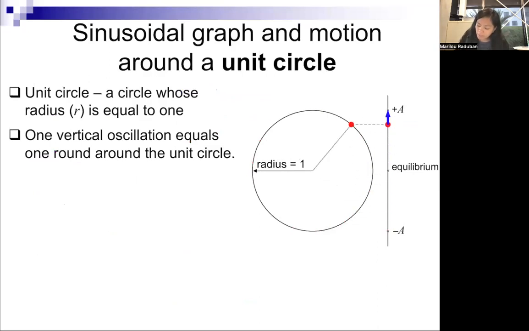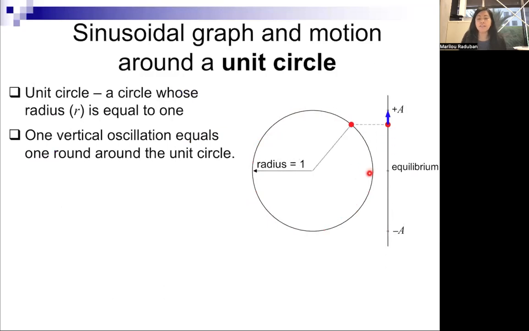So here's the animation on the right, you have the object that's just bobbing up and down about the equilibrium position. You can also think about this up and down motion as the object rotating around a circle, periodically. So one up and down motion is equivalent to the object going around a circle.